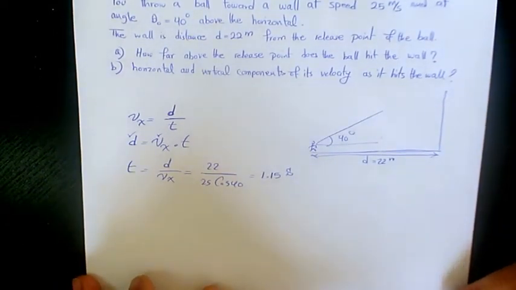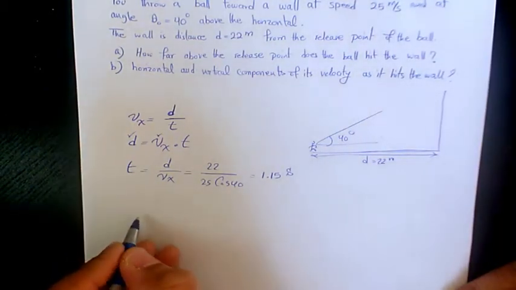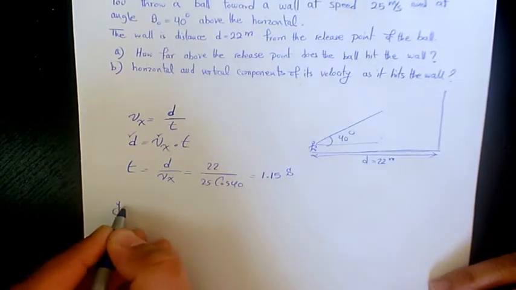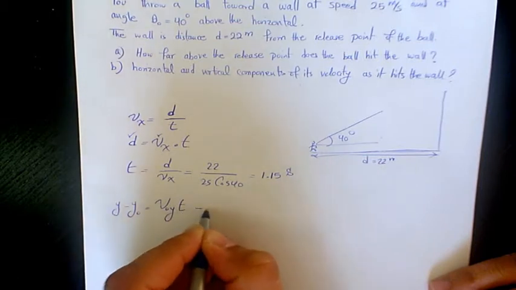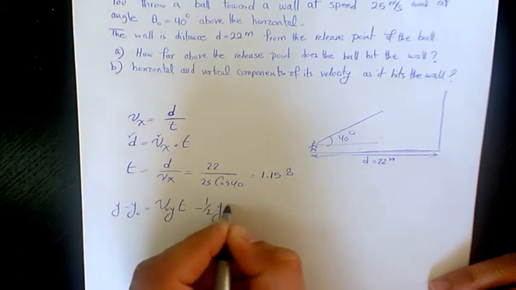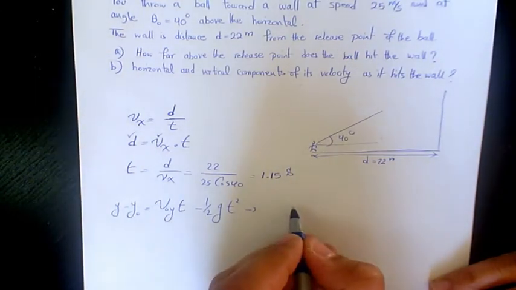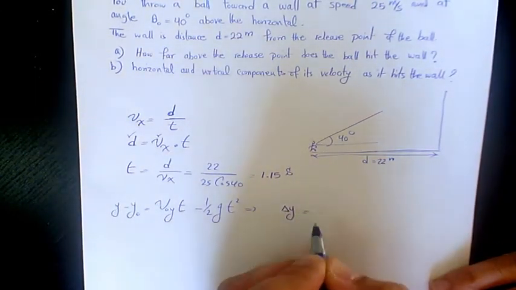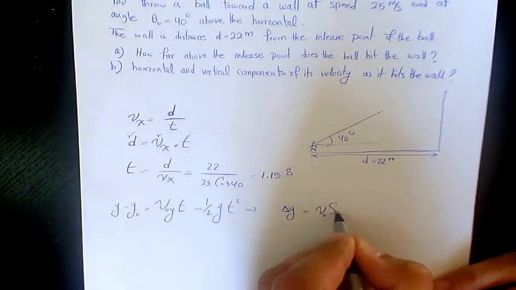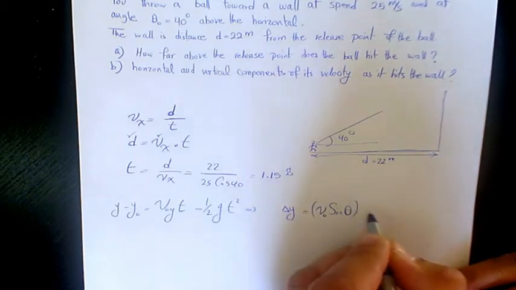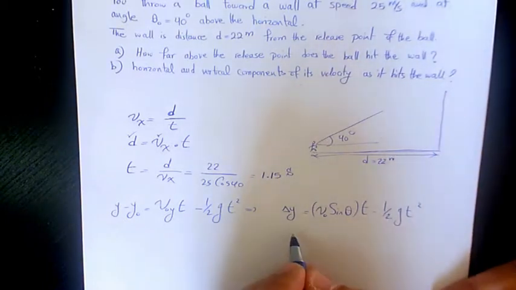So now we need to find out the vertical distance, how far it goes. We know the formula is y minus y naught equals Vy naught times t minus 1/2 gt squared. So y minus y naught is delta y, the change in y. That is V naught sine theta times t minus 1/2 gt squared. Now let's sub the numbers.